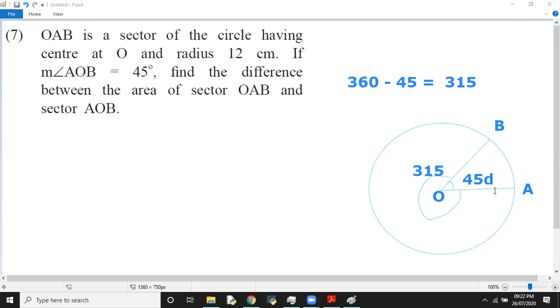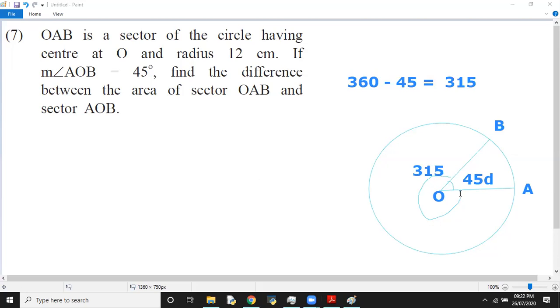OAB means 315 degree, and sector AOB. First we have to find the area of sector. What is the formula of area of sector? Area of sector is half into R square theta.